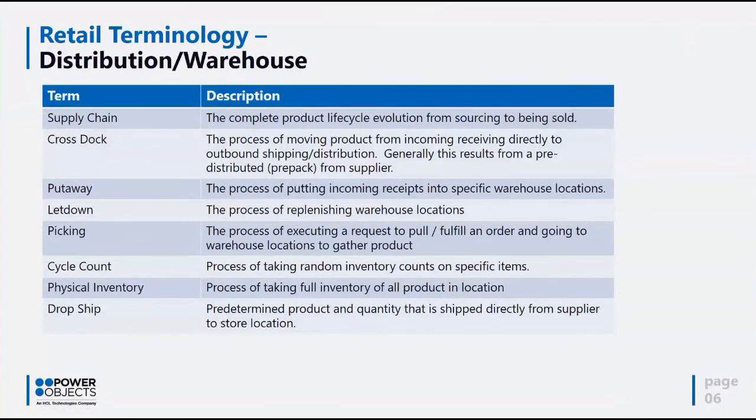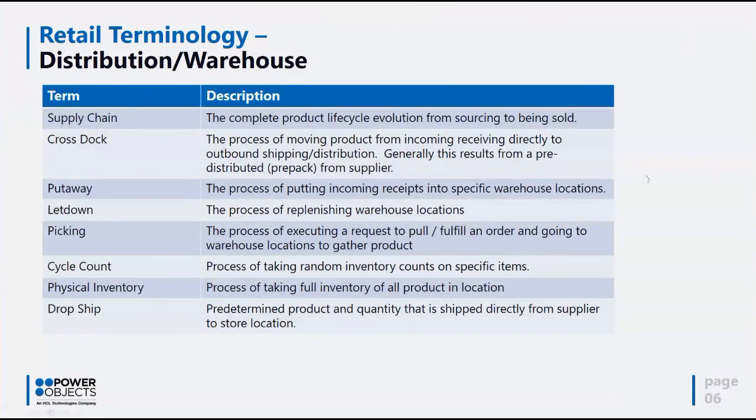Another one, letdown, is just the process of replenishing warehouse locations. This is often found in the upper racks in a warehouse, where pallets are let down from another location to a proper picking location.